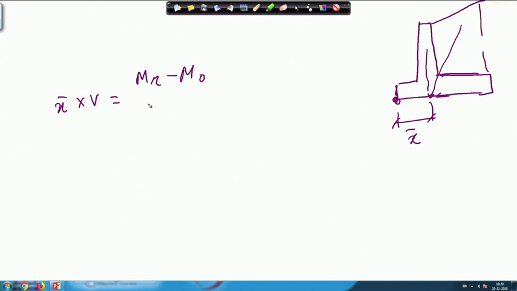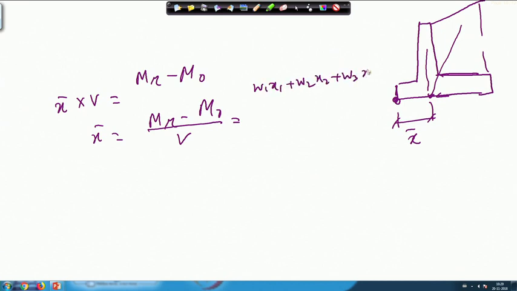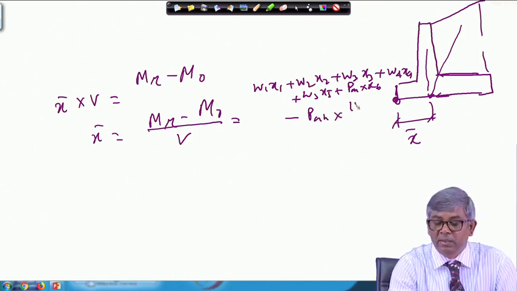So, if I do this, then your x bar will be equal to M r minus M naught divided by V, and that M r, I have already told you, is W 1 x 1 plus W 2 x 2 plus W 3 x 3 plus W 4 x 4 plus W 5 x 5 plus P A V multiplied by that distance, suppose x 6, and M naught will be equal to P h multiplied by h by 3.